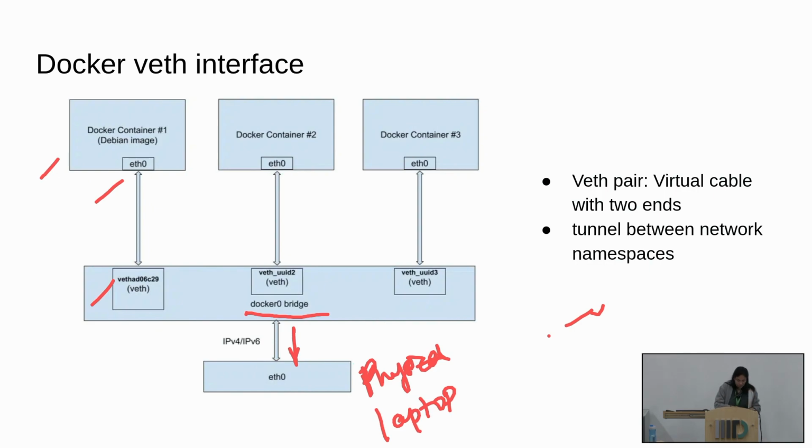So docker0 and your eth0 are in the default network namespace, and the containers you create are in their own network namespaces, for example NS1 here. To help them communicate, say one wants to communicate with two, or with outside your machine, it needs to get connected to this docker0 bridge. It needs to connect to other namespaces as well.